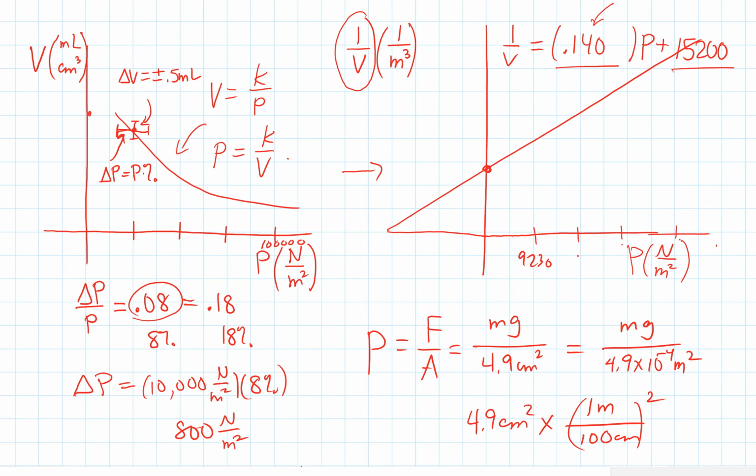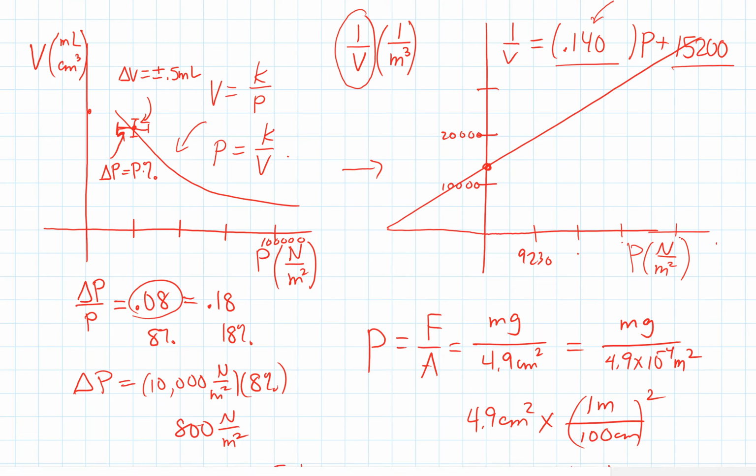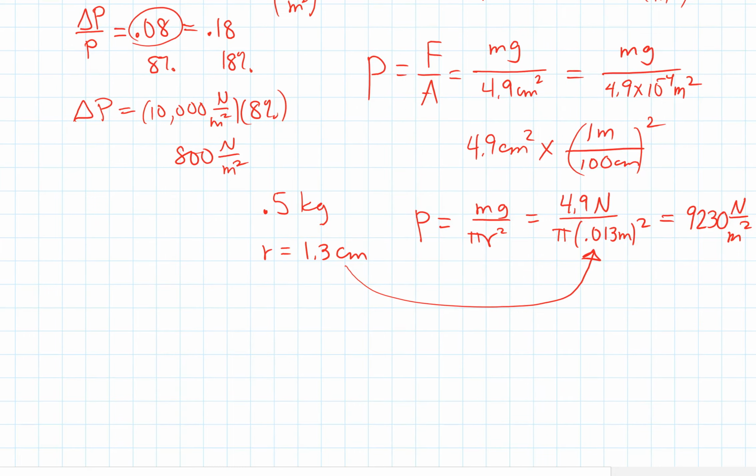Now the other thing to look at is your 1 over volume. These should also be in the tens of thousands. So why is that? That doesn't make any sense. Well, if you think about it, we're doing 1 over volume, but the units are 1 over meters cubed.